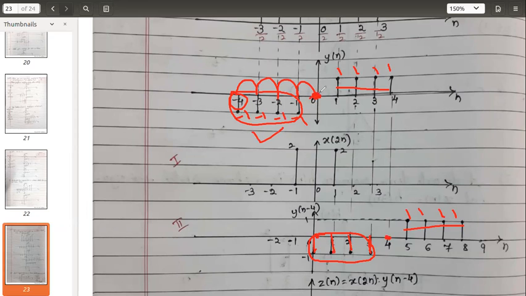Then 0, no amplitude here. So shift this also by 4: 1, 2, 3, 4. You will get no value, and continuously 4 positive ones. This is y of n minus 4. This is how we shifted the signal y of n minus 4.